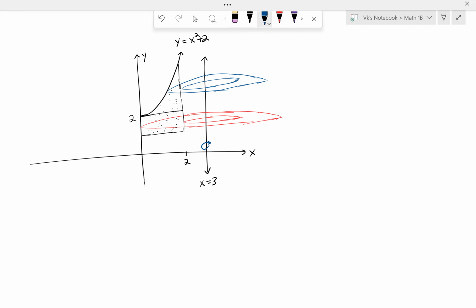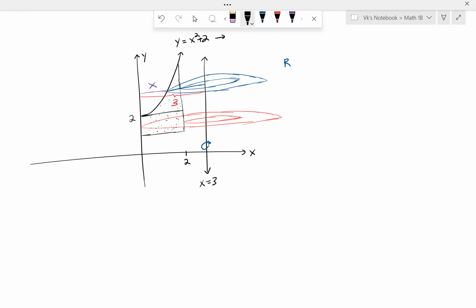Let's take a look at the washer in the region above the line y equals 2. We see that this is the outer radius R, and it's going to be the difference between 3 and this distance x. This whole distance here is 3, so that's just the difference between 3 and x. We can solve for x here.